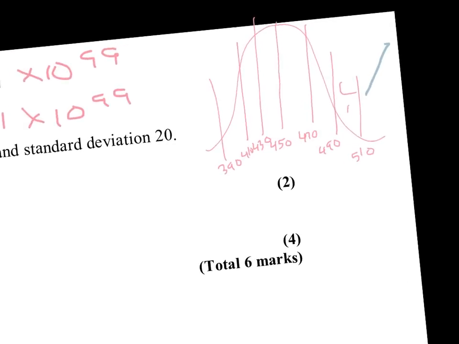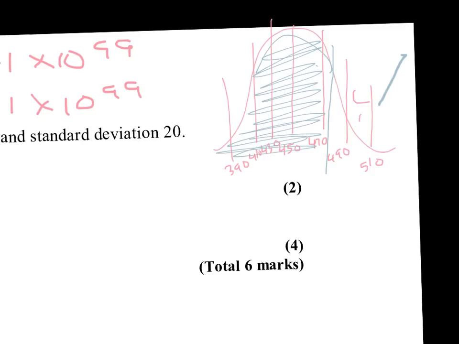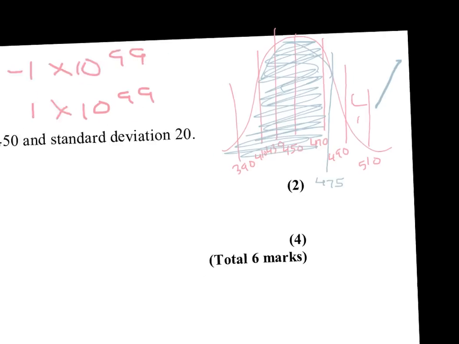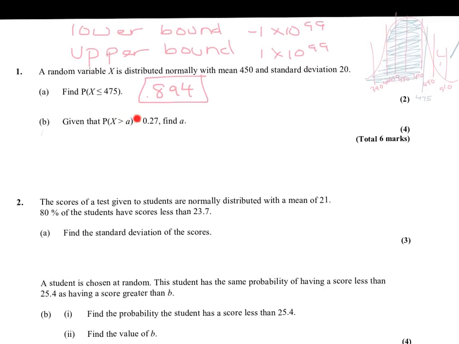We were looking for this whole area at 475 and less, and we were trying to find this area, which is the percentage probability. So we knew the boundary here, and we didn't know the percentage. In this next problem, we don't know the boundary. The boundary is A, and the percentage, or the area, is 0.27.